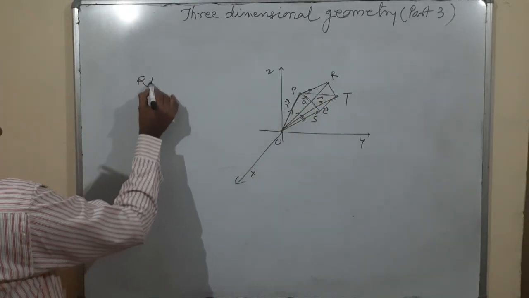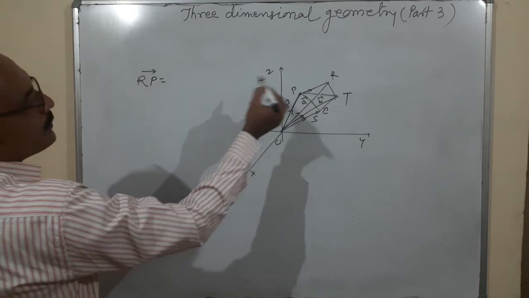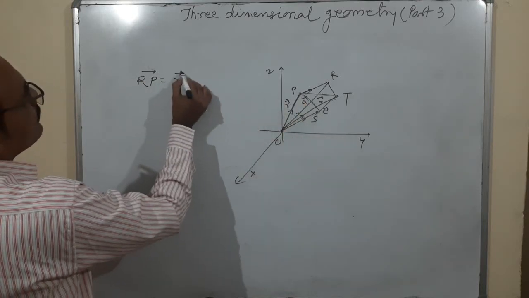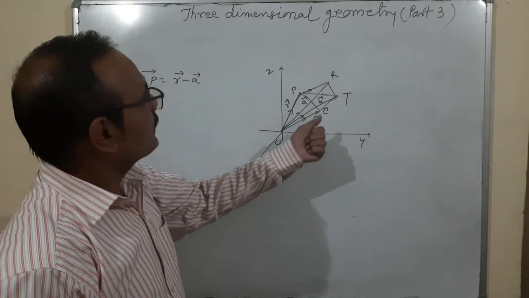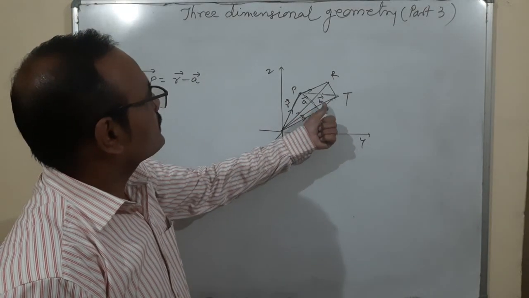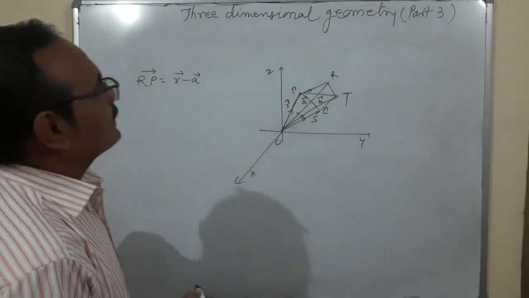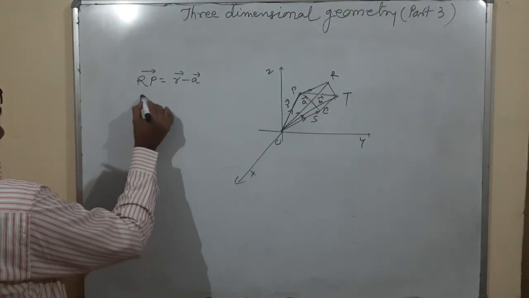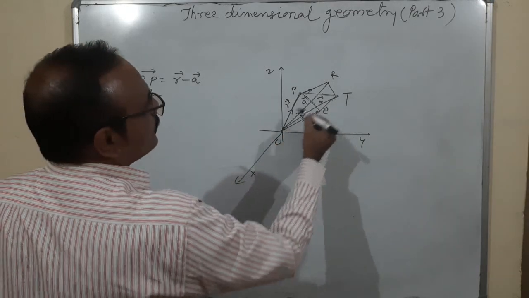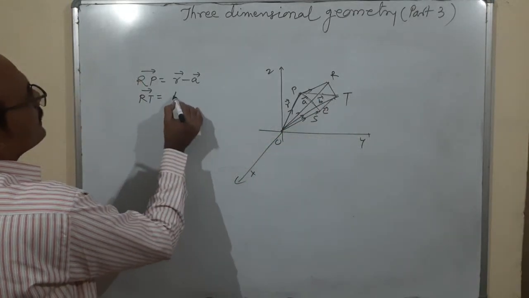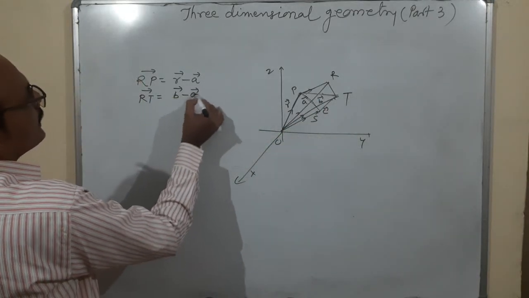Vector RP is equal to OP minus OR, that means vector R minus A. Okay. Second, I am taking here B minus A, that means vector RT, OT minus OR, that is vector B minus vector A.